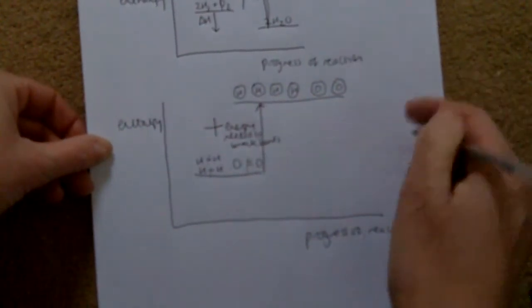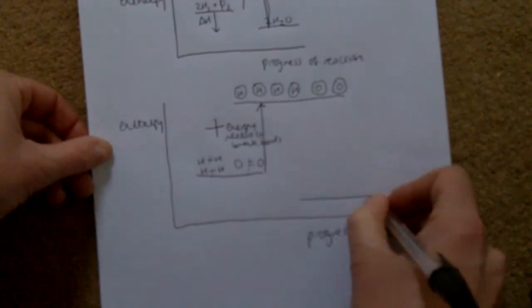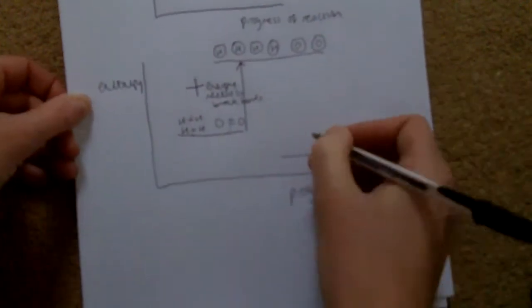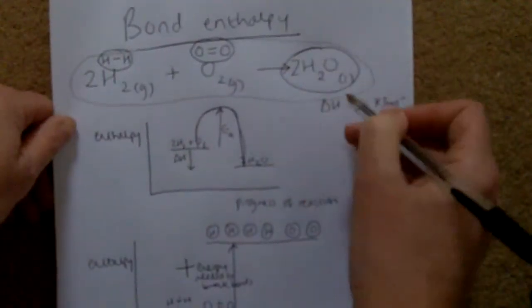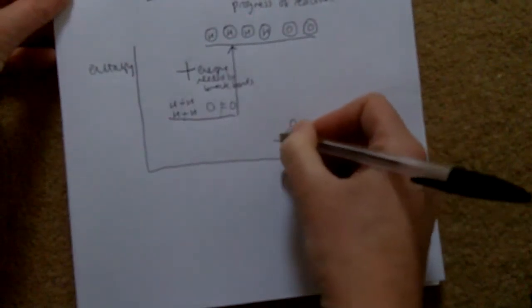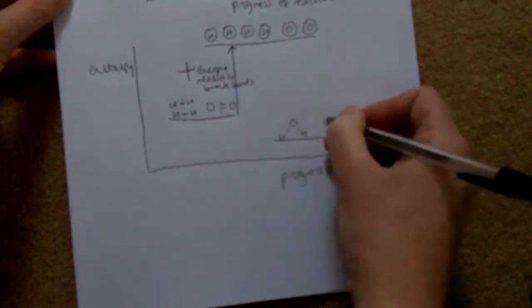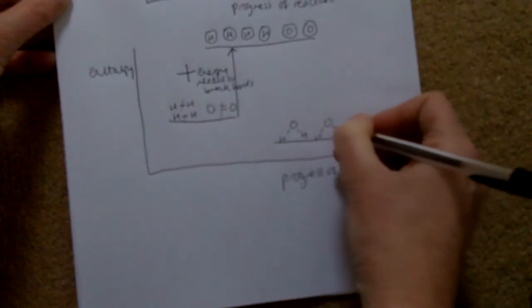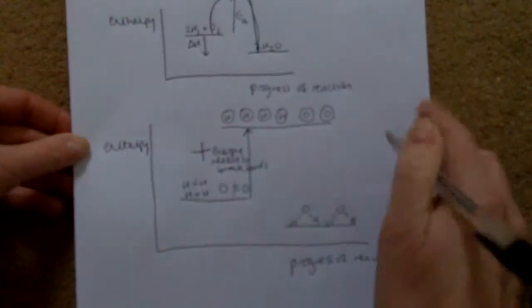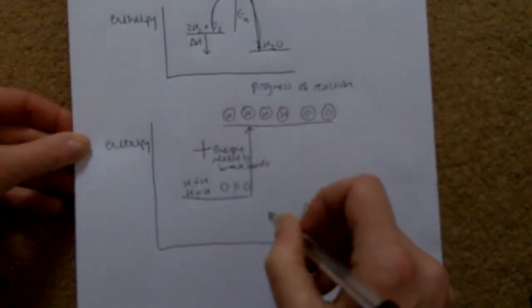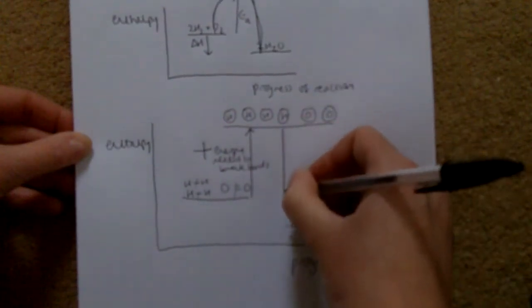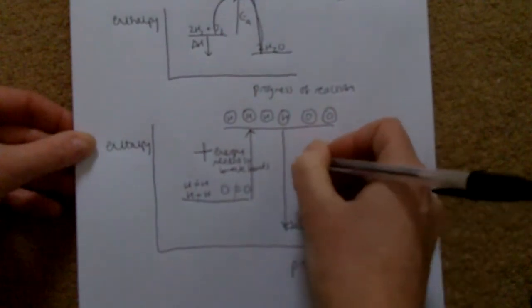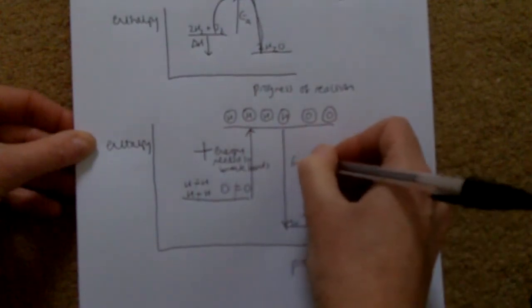Then, to get the product, which is 2 water molecules, we draw the product down here, and you know the shape of water molecules. In order to get the product, all these single atoms are going to have to join together and form new bonds.